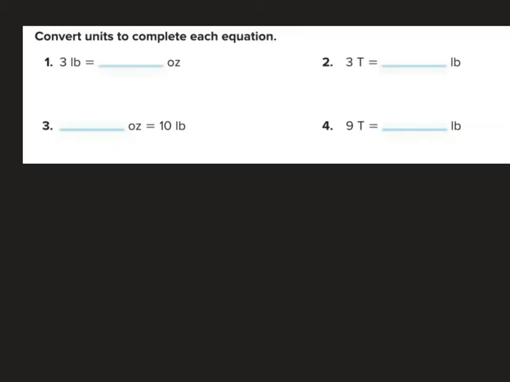3 pounds to ounces. So 1 pound equals 16 ounces. So I need to do 3 times 16 in order to figure this out. So 16 times 3. 6 and 3 is 18. 3 and 1 is 3, plus 1 more is 4. So it is 48.